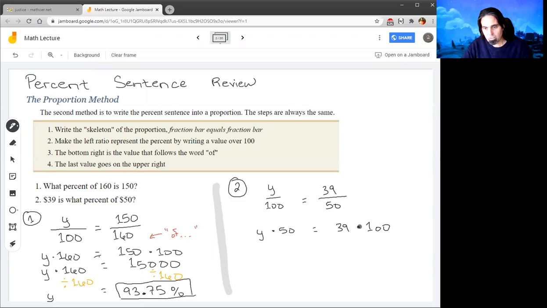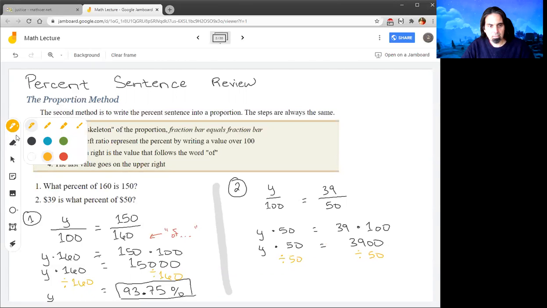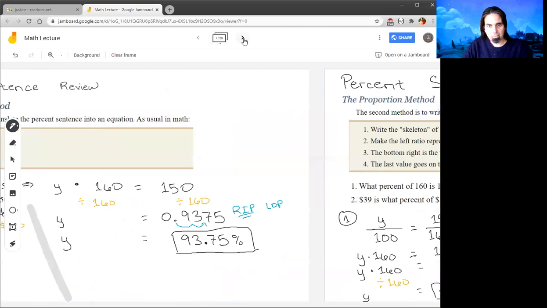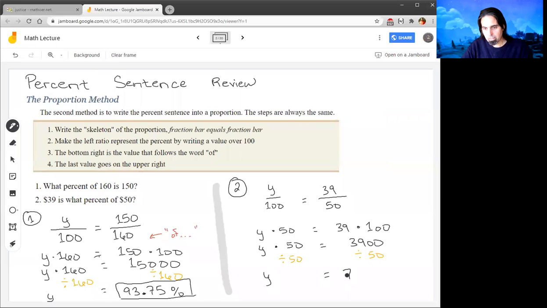If you like the shortcut, this is faster, but I'll do it the long way. The answer will be 78. And again, it's just a 78. We put the percent on because over 100 means percent.